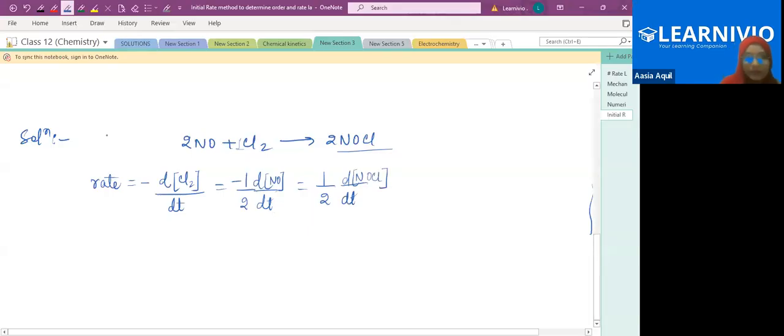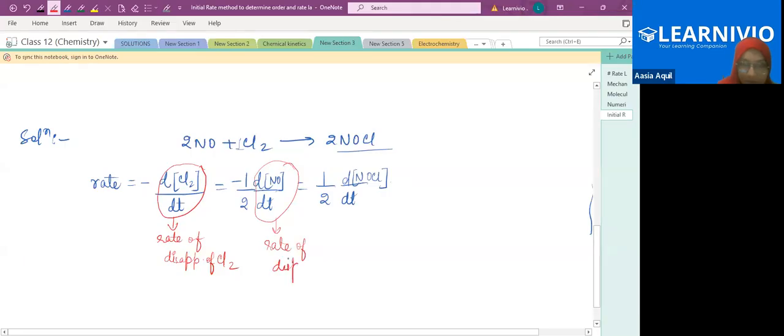So this is the rate of disappearance of Cl2, this is the rate of disappearance of NO, and this is the rate of appearance of NOCl. That's why we have put a plus sign over here.